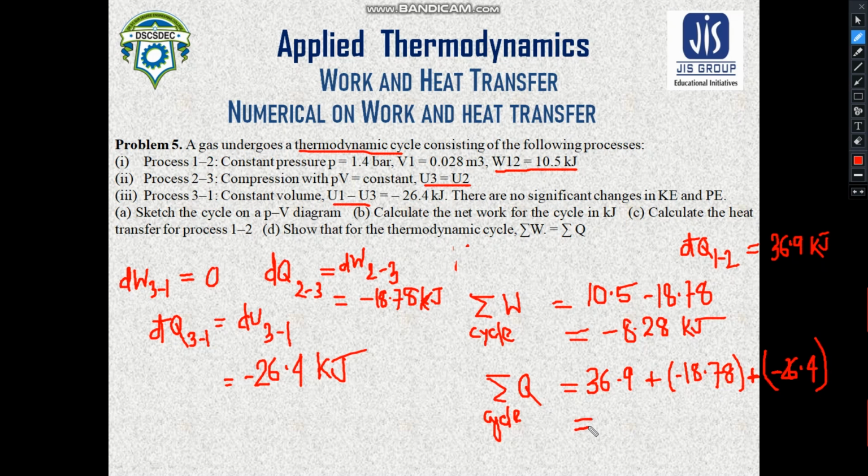So ultimately you will find that the result becomes minus 8.28 kilojoule. So it is easily understandable that the summation of all the work transfer for this thermodynamic cycle equals the sum of all the heat transfer for this thermodynamic cycle. So I hope you have understood the problem here.